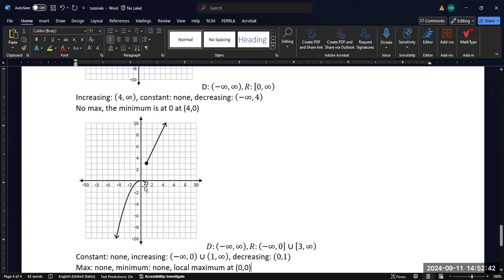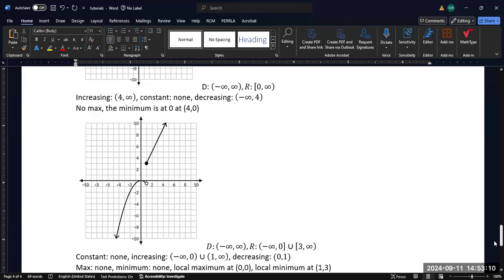And there is another local minimum at 1, 3, because at least on this section of the graph, that's as small as it can go before there's a jump over to the other graph. But these are not global. And if the graph doesn't specify, then they're thinking globally: what is the minimum or the maximum?